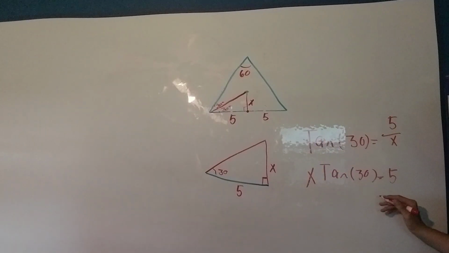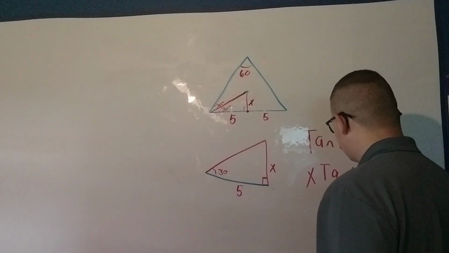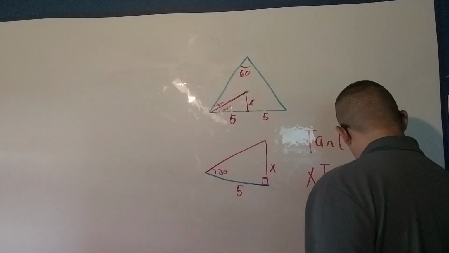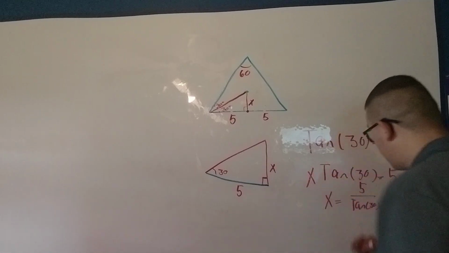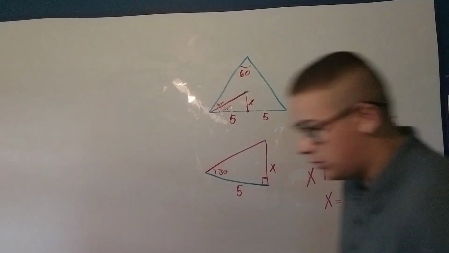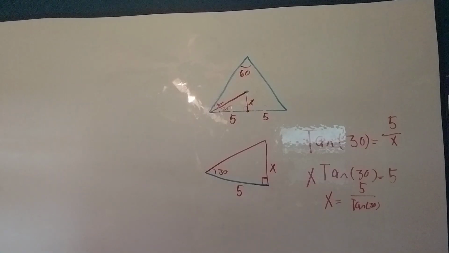And then we divide by tangent 30, we get x equals 5 over the tangent of 30. And we can plug that into the calculator, and 5 over tangent 30 is about 8.66.